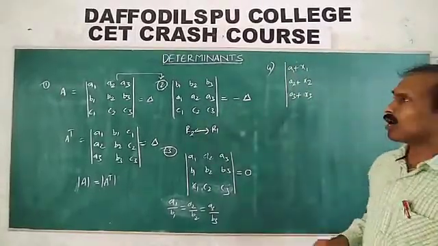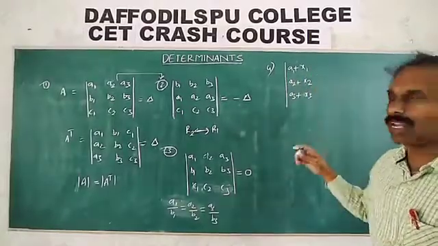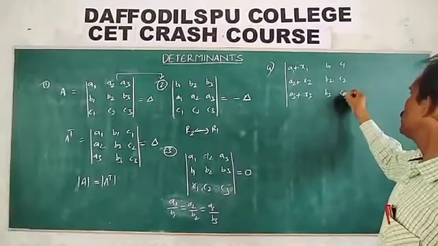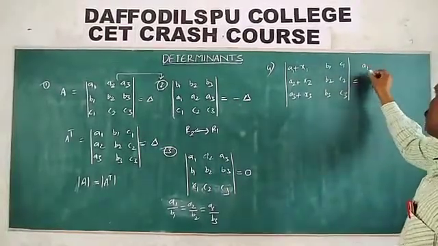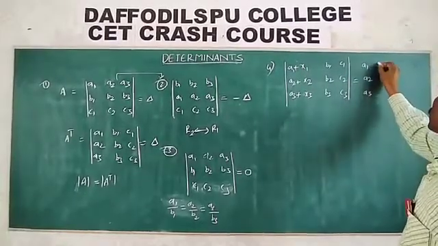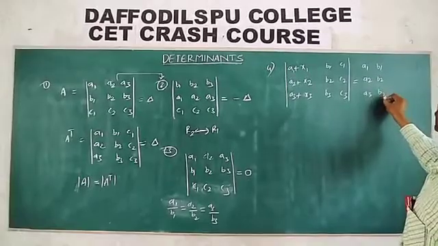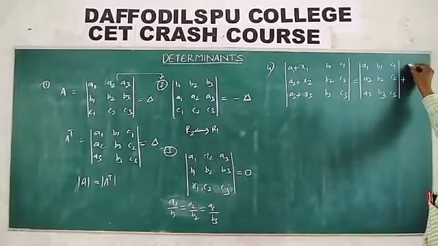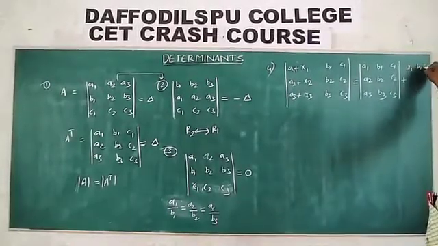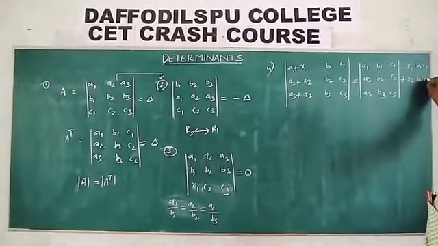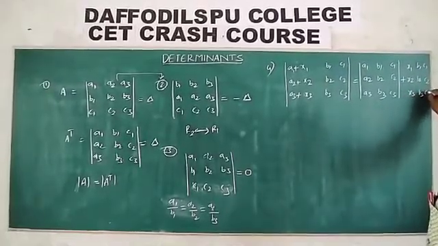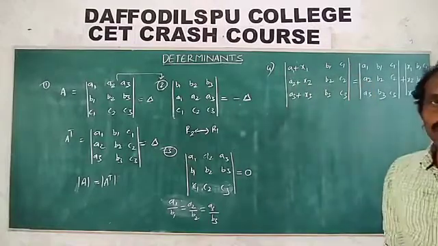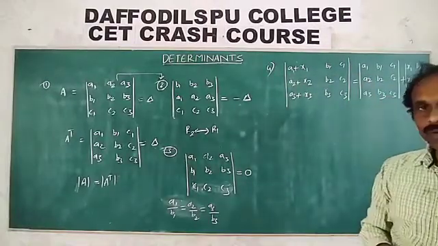When a row or column is expressed as a sum of two or more elements, then the resultant determinant can be expressed as the sum of two determinants. It can be a column, or also a row.